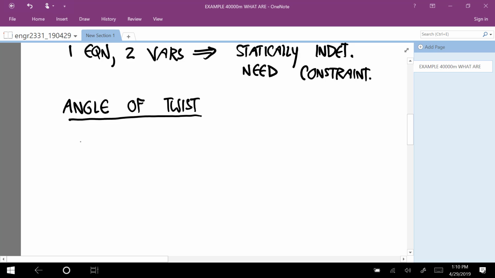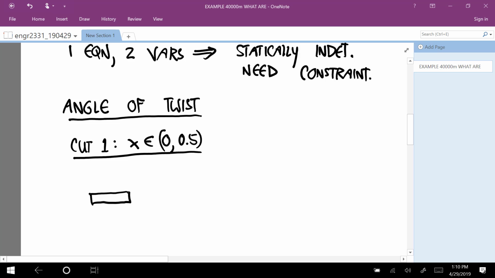Okay, so our cuts. Cut 1 is for x values between 0 and 0.5. We have the external torque over here. We don't have a value for that yet, but we do have a name for it. We called it TA, so I just have to keep that name and keep the direction.